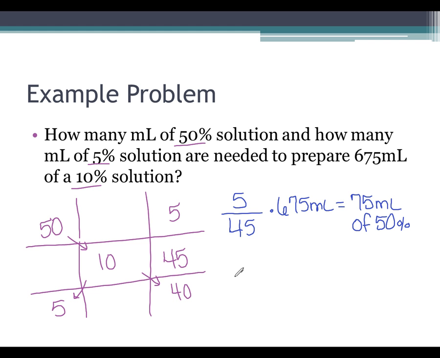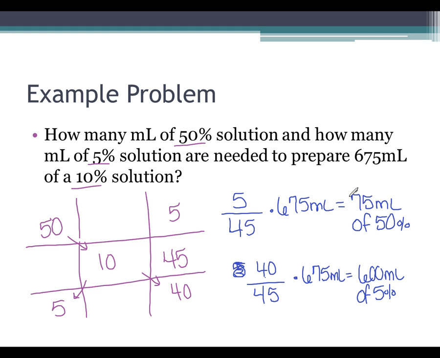I'm going to do the same thing for my low strength. I'm going to take the parts of my low strength, which I calculated as 40, divided by my total parts, which is 45. Multiply that by the amount that I'm making. When I put this into my calculator, I receive an answer of 600 mLs of 5%.